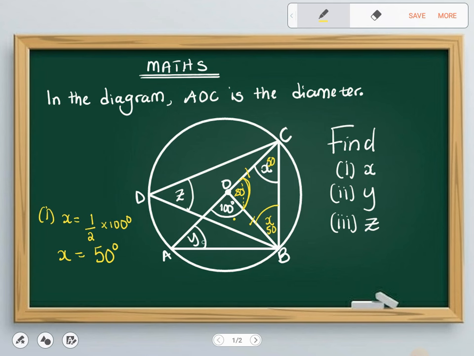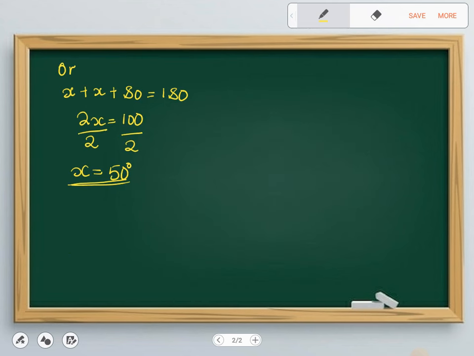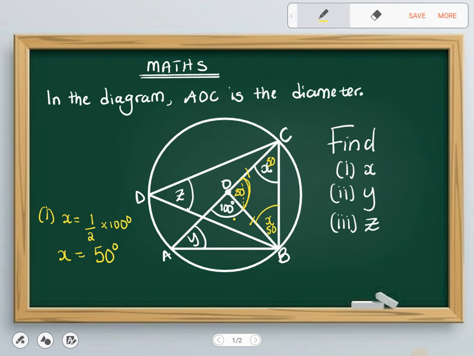That means y is also half the angle at 80 degrees, which will be 40 degrees.